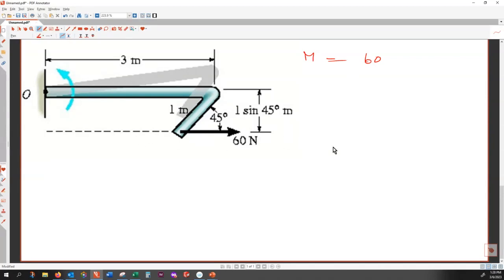So who can tell me what is the shortest distance? I extend this force, that's the line of action. And then from point of rotation, yes, that is sine 45. Thank you, Nguyen. That is 1 times sine 35. And is this rotating clockwise or counterclockwise, positive or negative? Yes, that is counterclockwise. Therefore, this is positive.